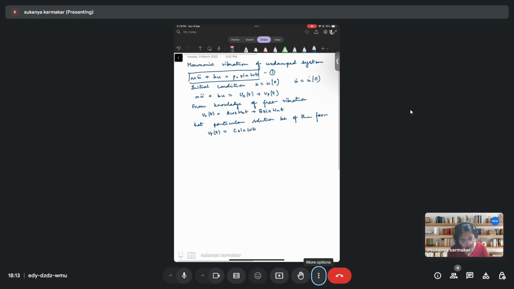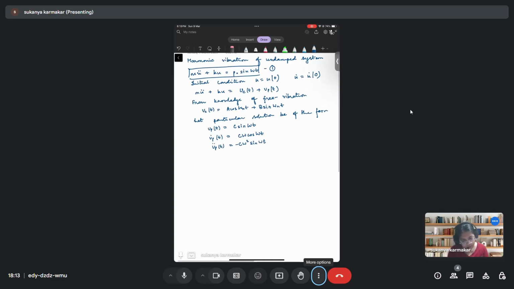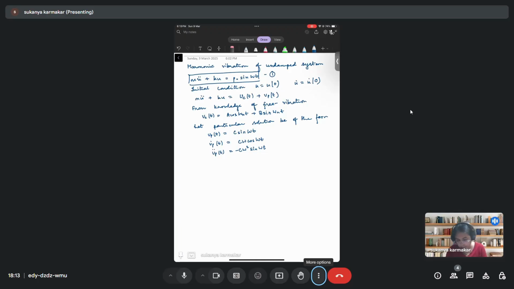So u p dot t is c omega cos omega t, and u p double dot t is minus c omega square sine omega t. If you substitute this in equation 1, you will get minus m c omega square sine of omega t plus k c sine of omega t is P naught sine of omega t.